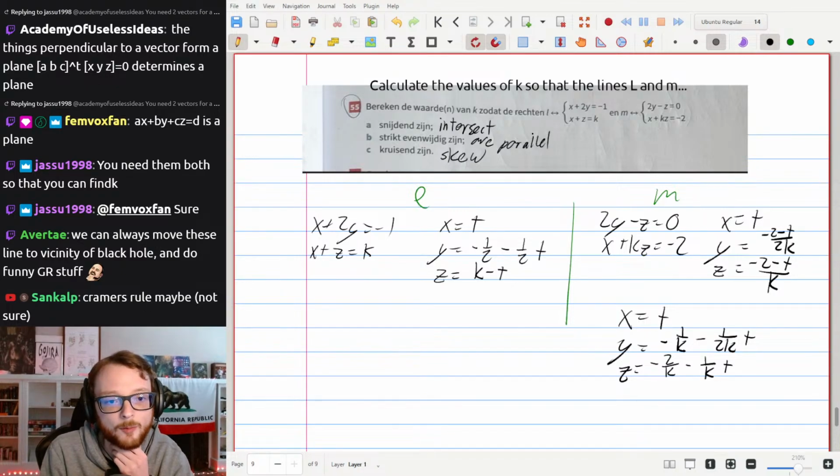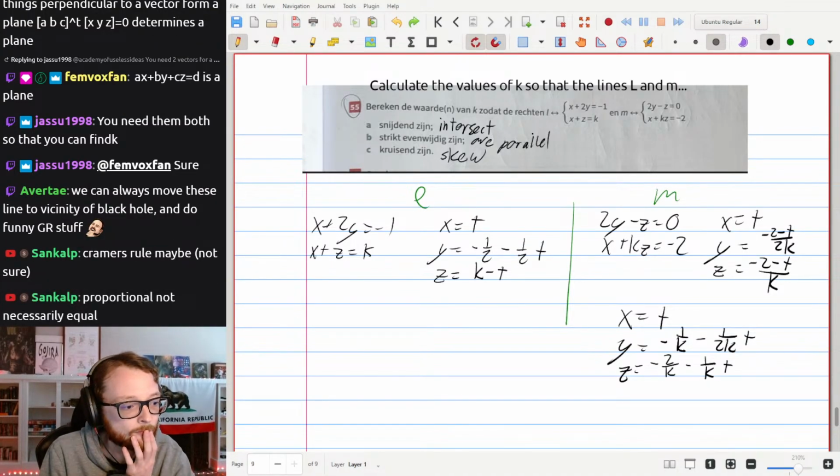Oh, I'm thinking about part B for some reason right now, but proportional, not necessarily equal.